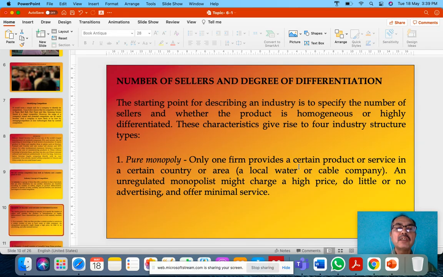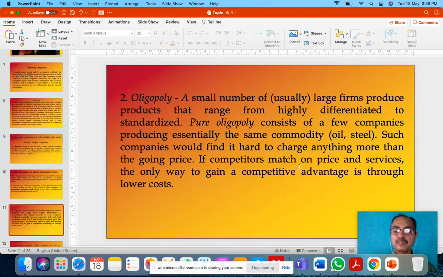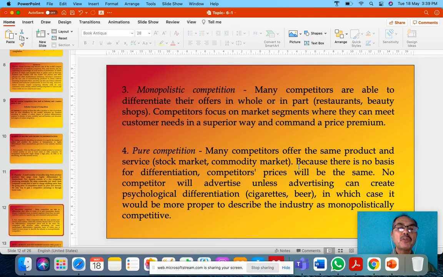Based on the number of sellers and degree of differentiation, four types of market can emerge: pure monopoly, oligopoly, monopolistic competition, and pure competition.